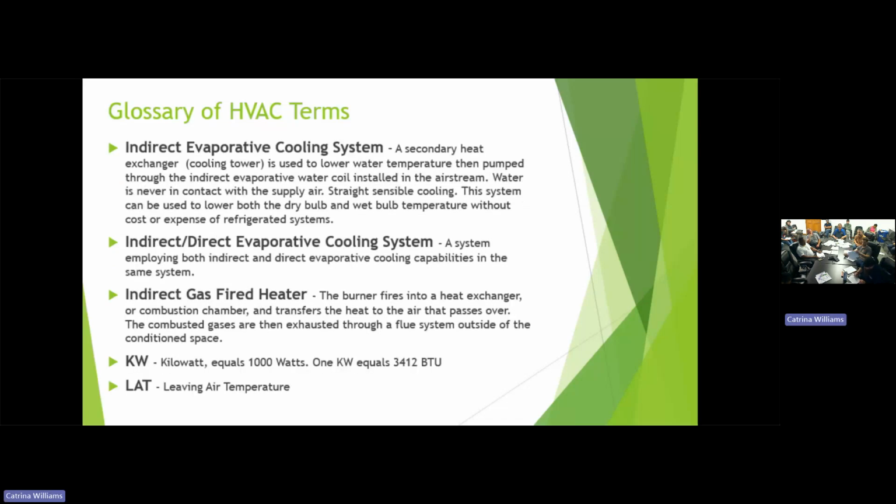We're going to talk a couple pages back about indirect evaporative cooling. Indirect evaporative cooling is another way to go about this. If you see any of the Aztec units going through the shop, that's what they are known for, indirect. In that particular one, we use a secondary heat exchanger as a cooling tower, and that lowers the water temperature because you run it through this media and it drops it down to wet bulb temperature.